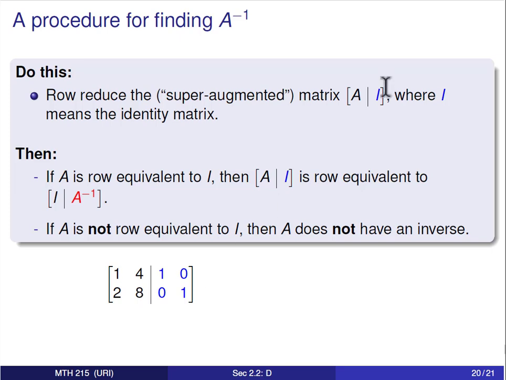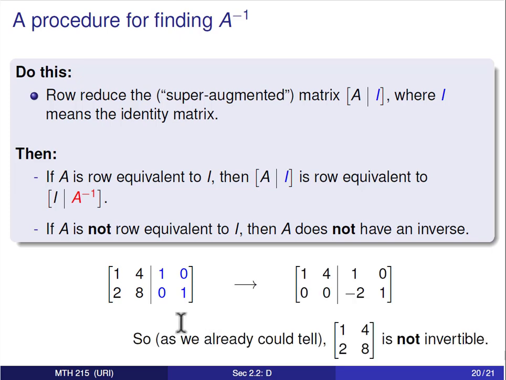What if we did this process where we attached an identity matrix and just tried to find an inverse for it? Well, as we do our first row reduction step, you're going to try to zero out the 2. So we would take -2 times the first row and add it to the second row. We'd end up with a matrix that looks like this.